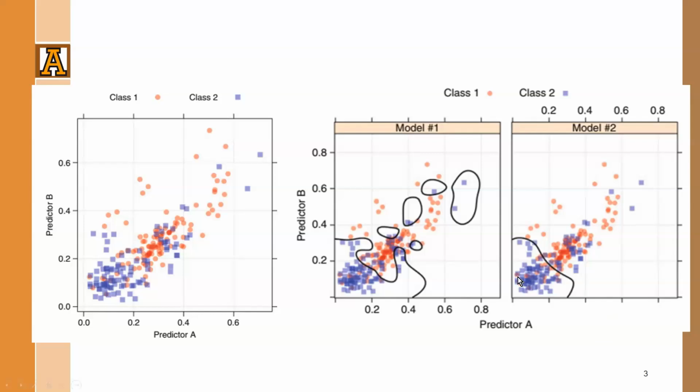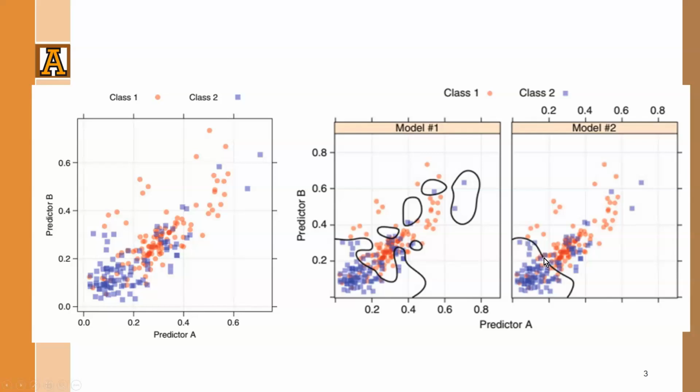So this one is very flexible, but it's a bad predictor, because if I get an observation that falls around here, which is very likely a red one, a class 1 observation, it will classify it as class 2, because it falls within the boundary of class 2.